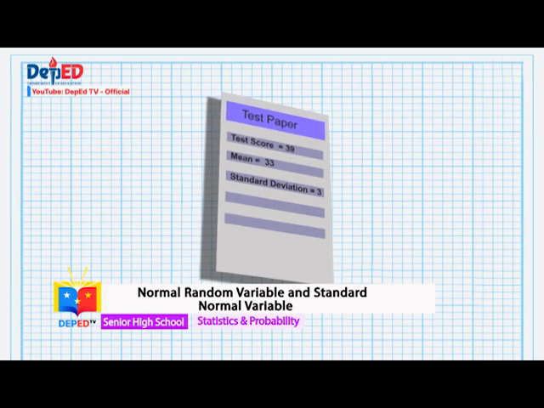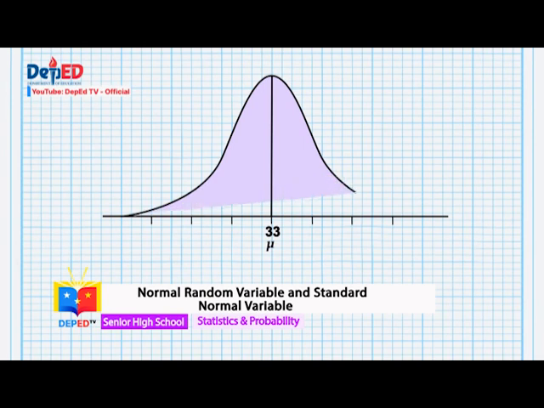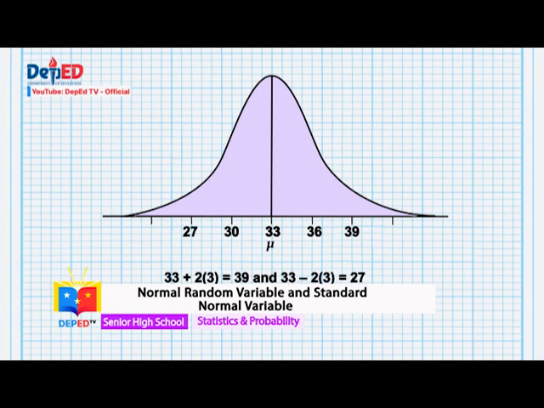Let's start by constructing the normal curve first. Since the mean is 33, one standard deviation away from the mean would be 33 plus 3 equals 36, and 33 minus 3 equals 30. Same way, the values 2 standard deviations away from the mean are 33 plus 2 times 3 equals 39, and 33 minus 2 times 3 equals 27.